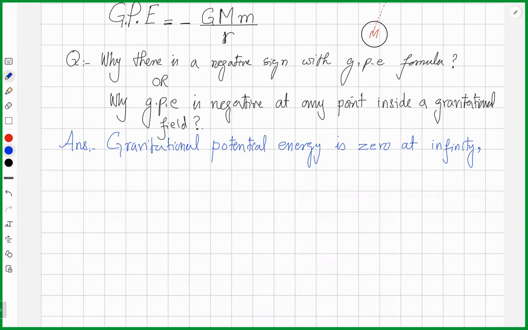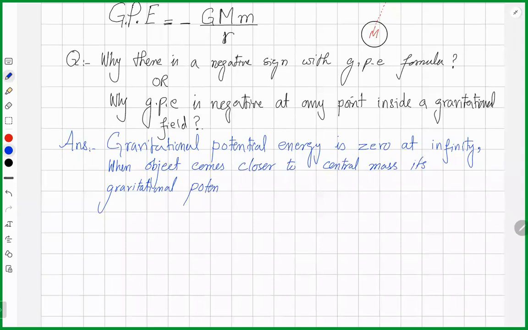Now, when an object comes closer to the central mass, its gravitational potential energy decreases.